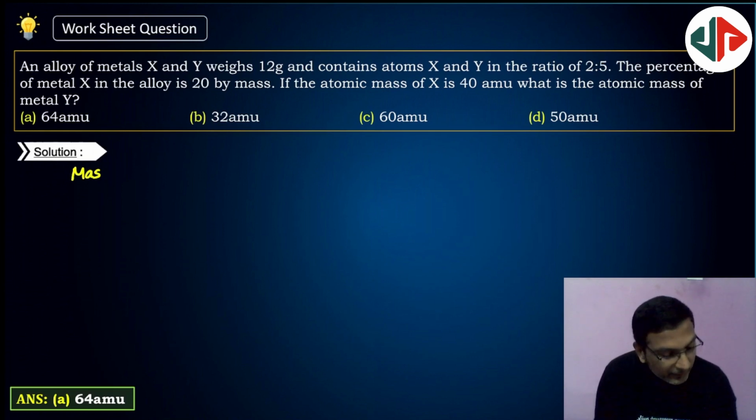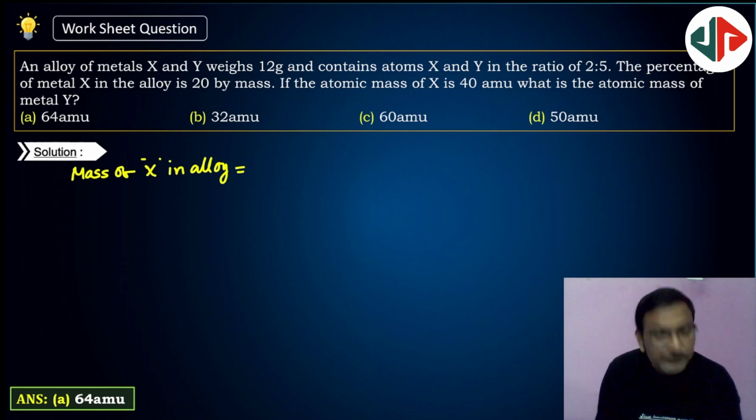First, mass of X in alloy, that is given 20%. So total weight 12 grams. In 12 grams 20%. 12 into 20 by 100.